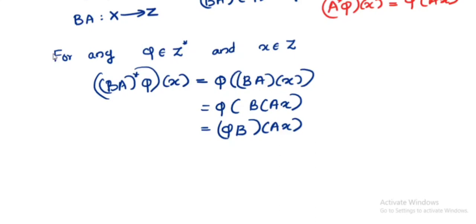What is phi B of Ax? Phi of Ax is A star phi of x. Therefore, phi B of Ax is A star phi B of x.